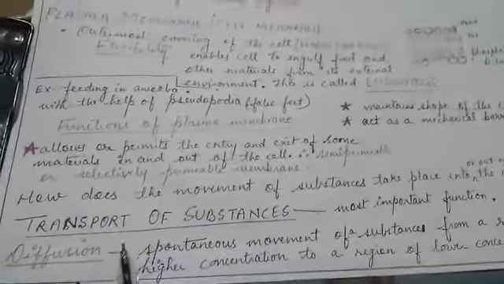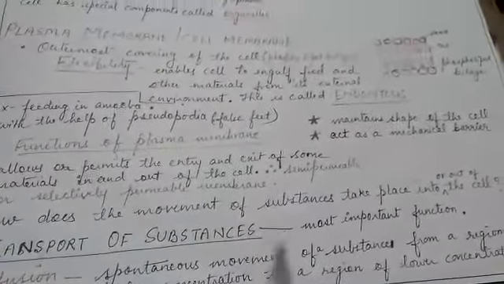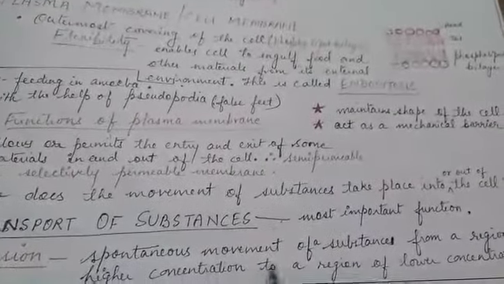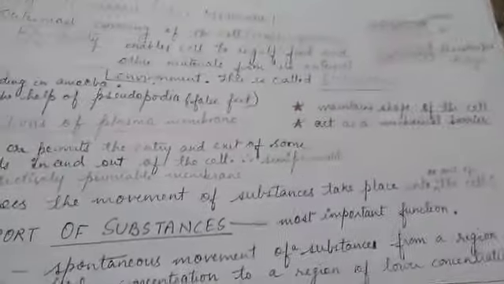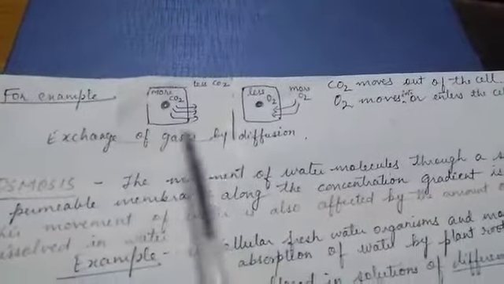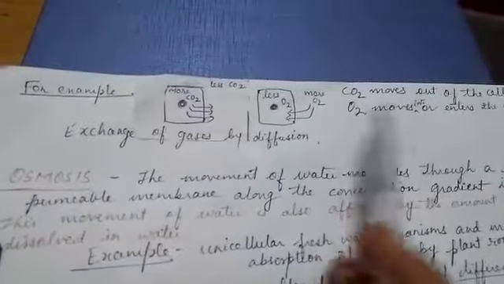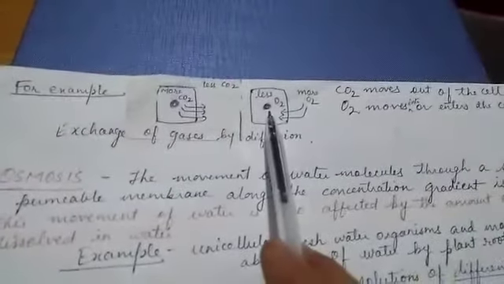You already know what diffusion is. Diffusion is the spontaneous movement of substances from a region of higher concentration to a region of lower concentration. For example, let us see the exchange of gases. How is exchange of gases possible by diffusion? Exit of carbon dioxide from the cell or entry of oxygen into the cell.